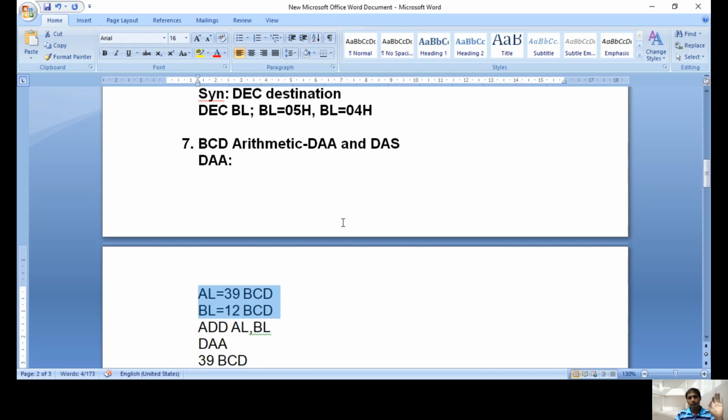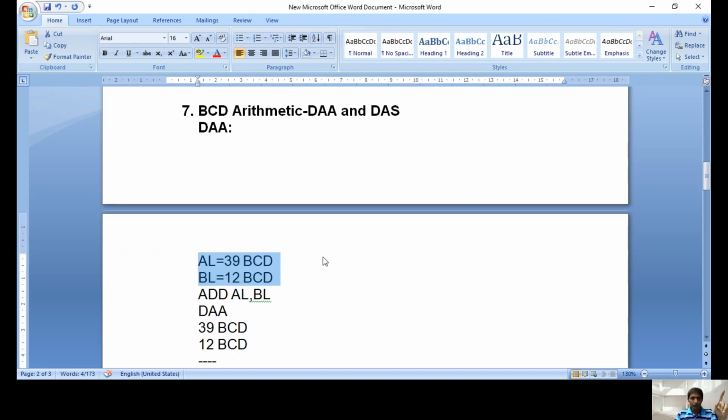Unfortunately, if the result is not in BCD form but in hexa form, in that case the DAA instruction adds 09H. If the lower 4-bit value is more than 9, then add 06H to the number. If the higher 4-bit value is more than 9, then add 60H to the particular number. And it will continue until the result is in BCD form.